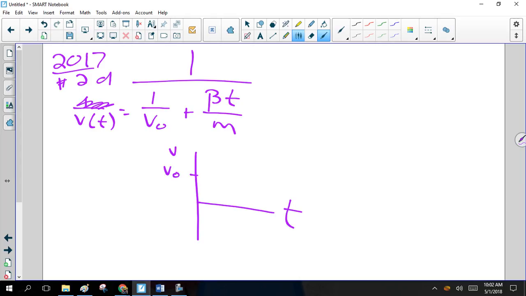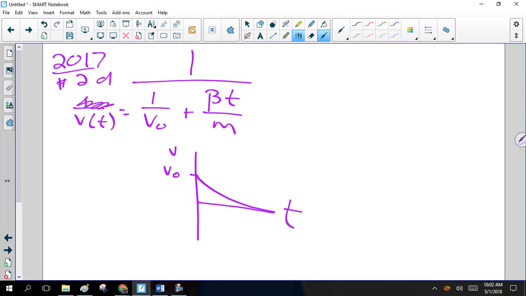And then as t gets bigger and bigger, in other words, if you take the limit as t goes to infinity, the bottom of this fraction gets bigger and bigger, this whole mess gets closer and closer to 0. There's the graph. Just make sure it never hits 0. It should be an asymptote. Cool?